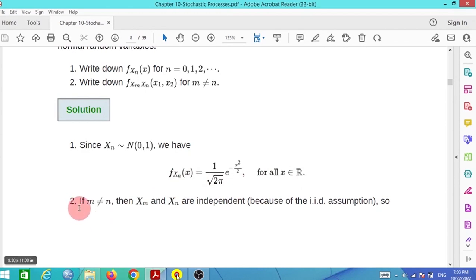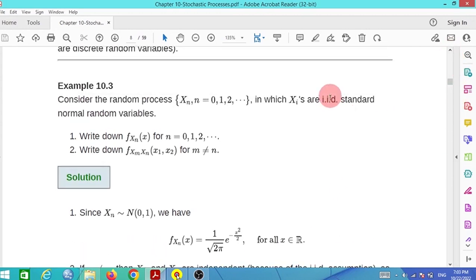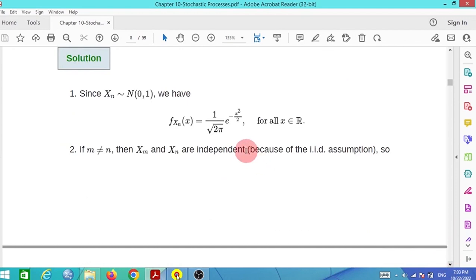For part 2, if m is not equal to n, X_m and X_n are independent, because in the problem the X_n are iid, same distribution and independent of each other. So X_m and X_n are independent.